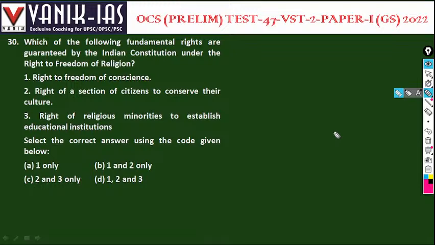Which of the following fundamental rights are guaranteed by the Indian Constitution under the right to freedom of religion? Right to freedom of conscience, yes, this is right. You can profess any religion.